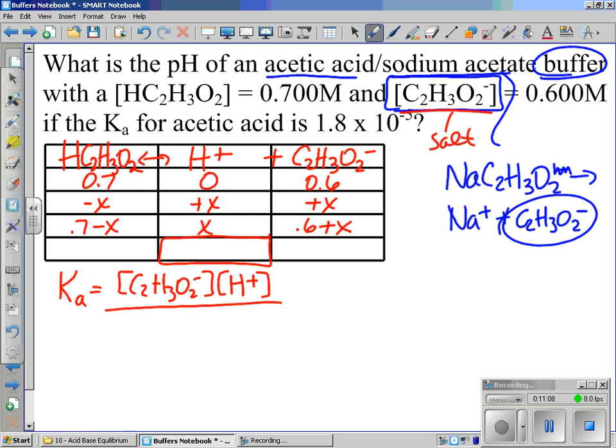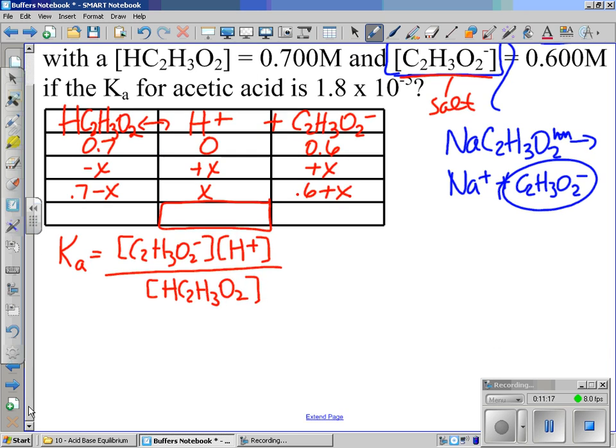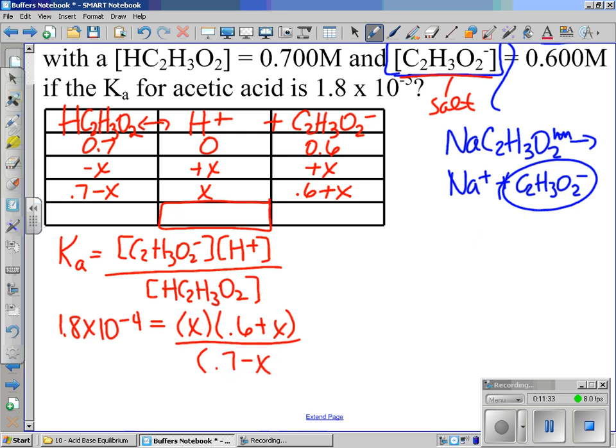Sorry, I wrote those flip-flopped, but it doesn't really matter. Like so. Now we know our Ka was given in the problem as 1.8 times 10 to the negative fourth. Remember that negative fourth? We get to take a peek at that and see if we might be able to use our trick. So we're going to have X and then 0.6 plus X, and then over 0.7 minus X.